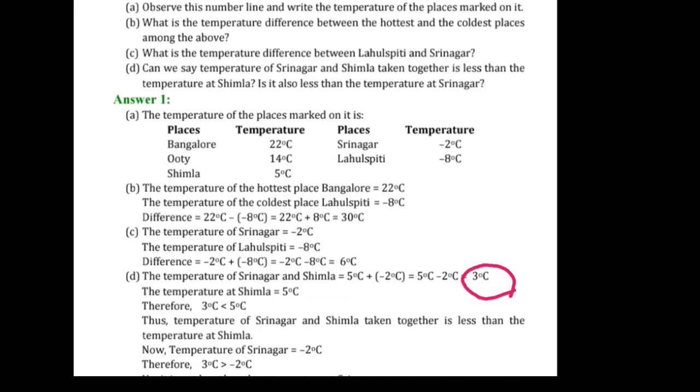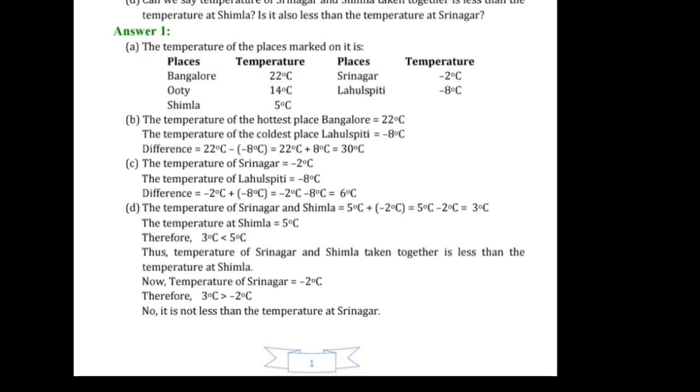Now afterward, the last question in this part D: is it also less than the temperature at Srinagar? So Srinagar's temperature is minus 2 degrees Celsius. Okay students, and here we found that Srinagar and Shimla's combined temperature is 3 degrees Celsius.